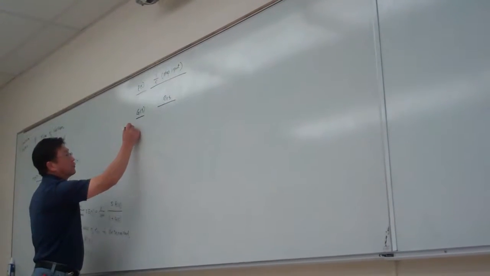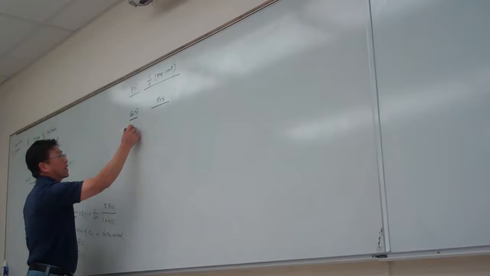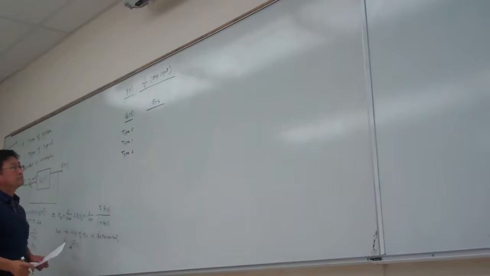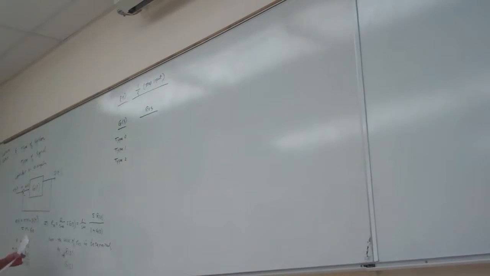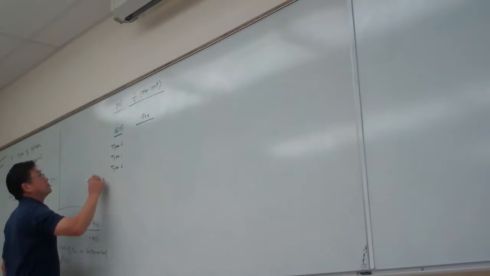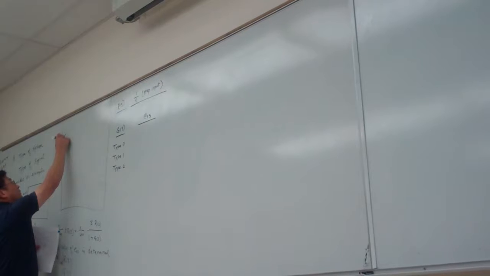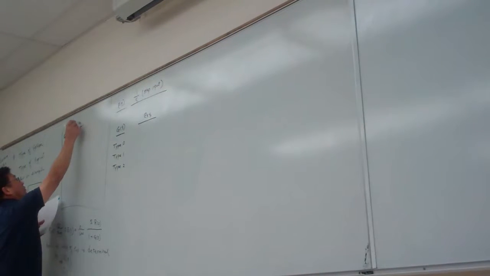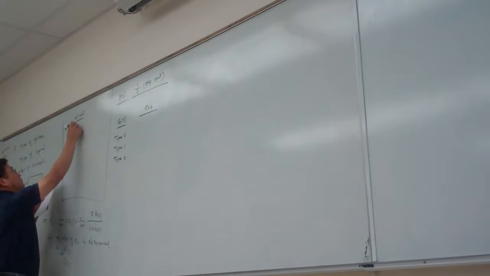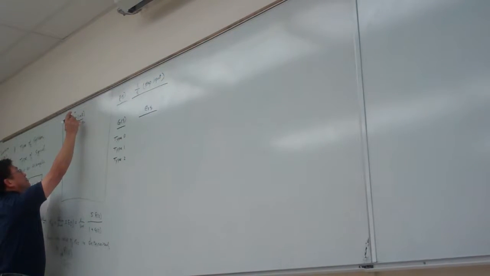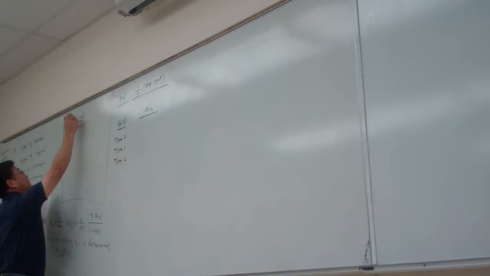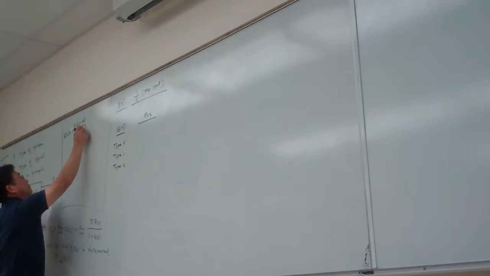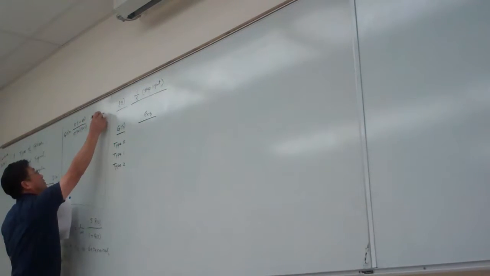Here I want to use type 1, type 0, and type 2, and I will give you definitions. So what are type 0 systems? For example, if G(S) is equal to K(1+S) over S(S+1)(1+2S), or anything, this is called a type 1 system.